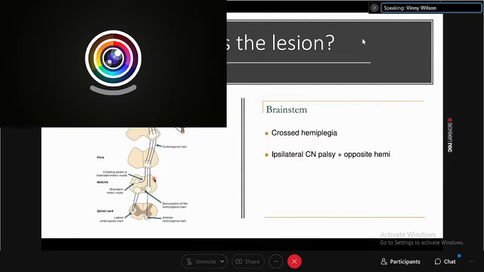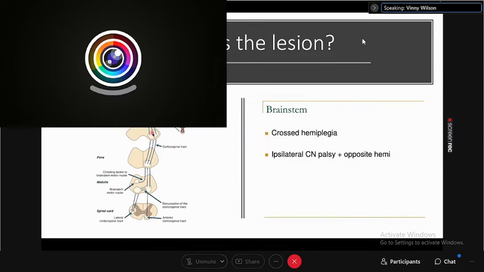For example, if the lesion is here, the midbrain contains the cranial nerves 3 and 4, and it may so happen that it will knock out the third cranial nerve on this side, and it will also knock out the corticospinal tract fibers that are traversing through this area.